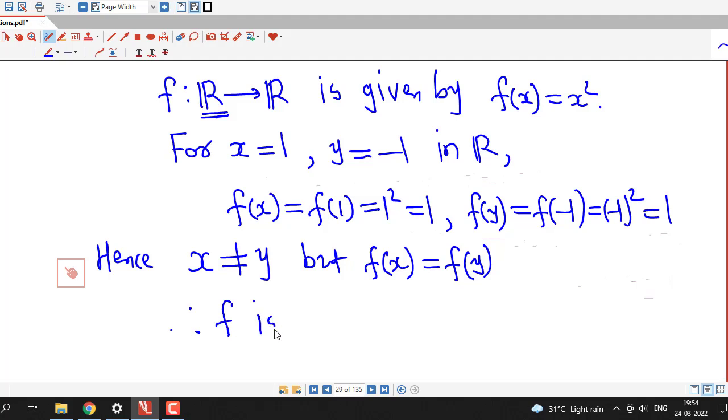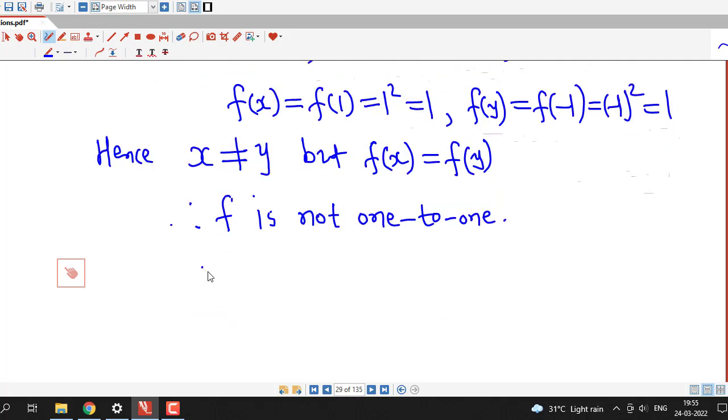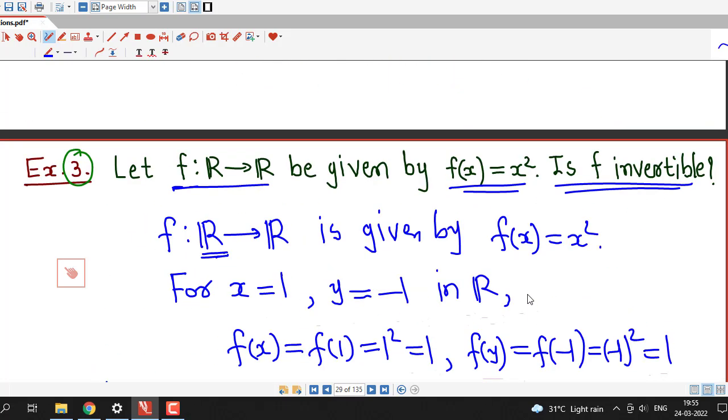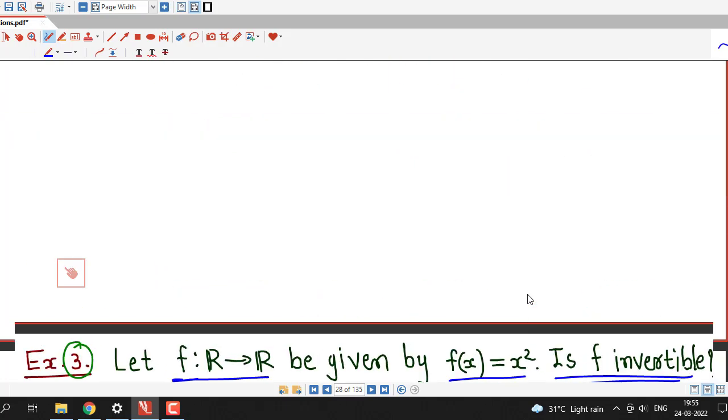Therefore f is not 1 to 1, and if f is not 1 to 1, f is not bijective. Therefore f inverse is not defined, or we can say that f is not invertible. So f is invertible if and only if f is 1 to 1 and onto.